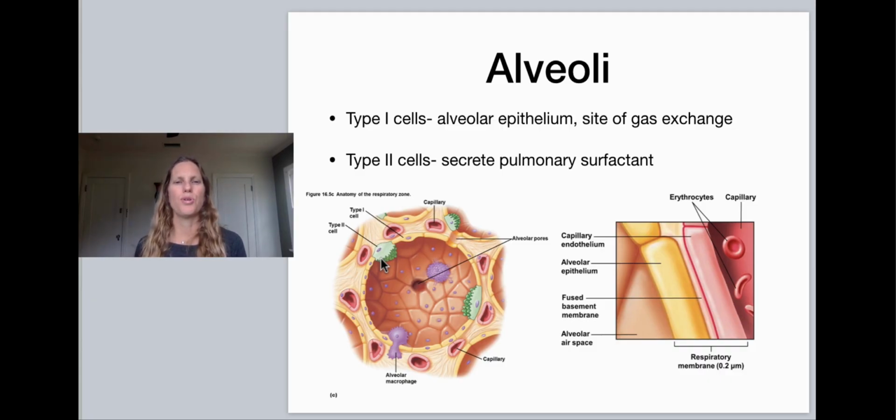Surfactant is produced at a steady state all through our lives. It's interesting to point out that babies that are born prematurely often have respiratory issues. One of the reasons that is so common is that the respiratory system is our last system to develop in utero, which makes sense because we don't breathe air in there, so there's no real need to get the lungs up and running first thing.